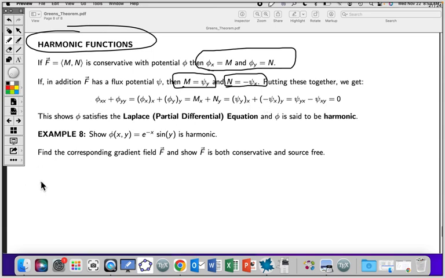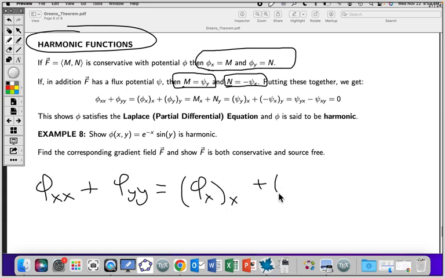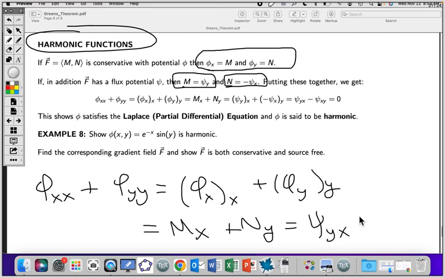So if we go to look at phi xx plus phi yy, looking at the second partials here, that would be your mx plus ny, which as we've seen is going to be 0 because that would be psi yx minus psi xy equals 0.